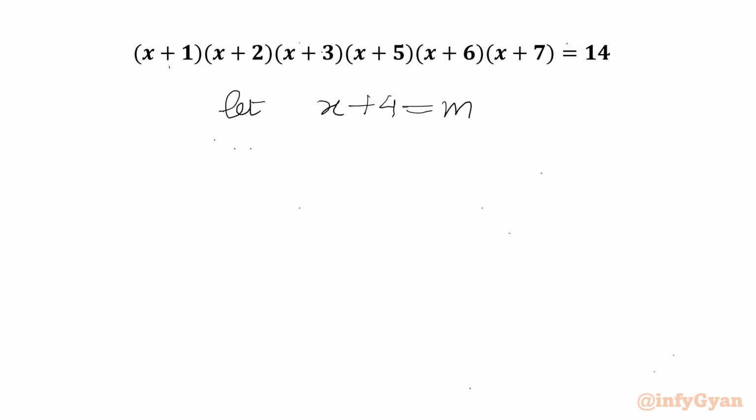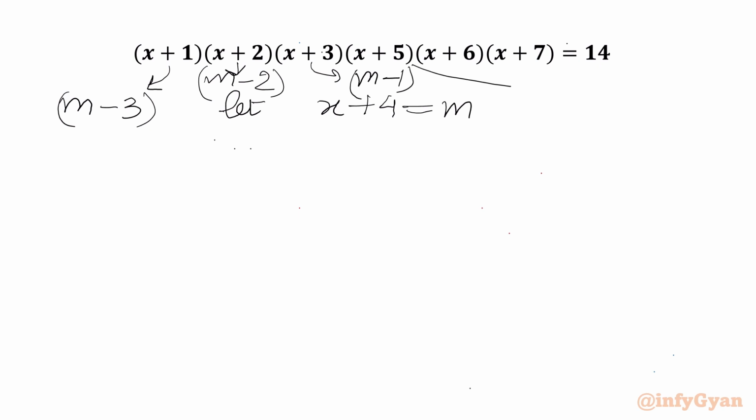So we can write x+1 will be m-3, x+2 will be m-2, x+3 we can write m-1, and x+5 we will write m+1. x+6 will be m+2, and x+7 we will consider m+3.